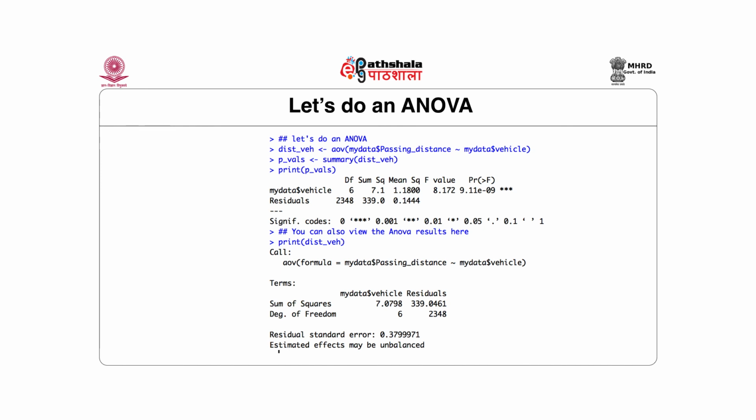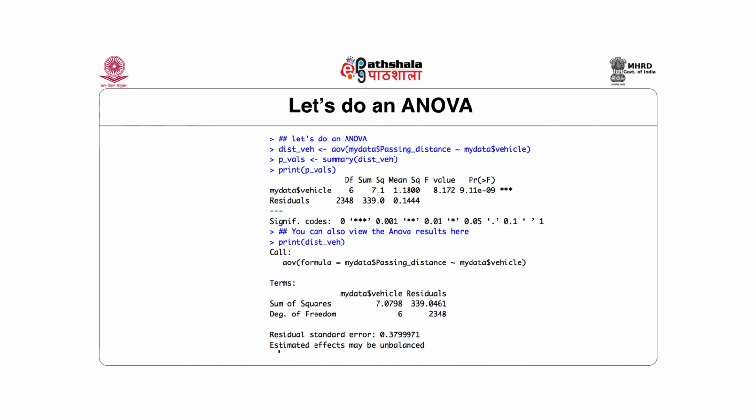And you can see once more, the test to do is ANOVA, and it's a very, very simple syntax. In R, we just use only one function called aov. Then we give the passing distance, which is the outcome variable. Use a tilde mark. We give the explanatory variable or the exposure variable, as the case may be, and then we put out the summary of this.